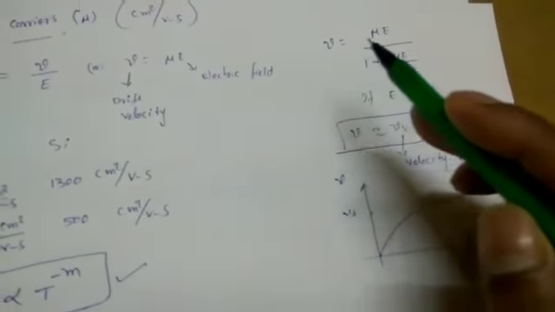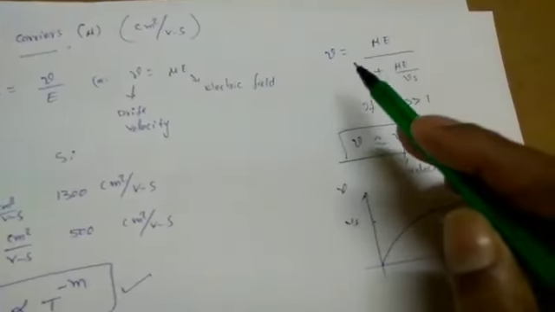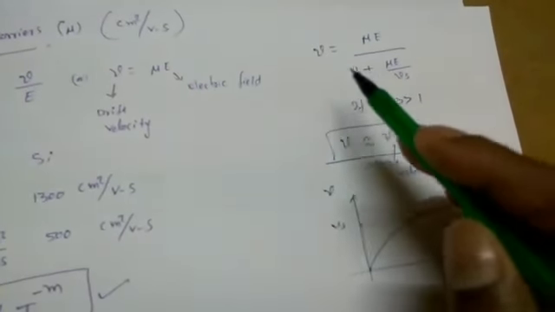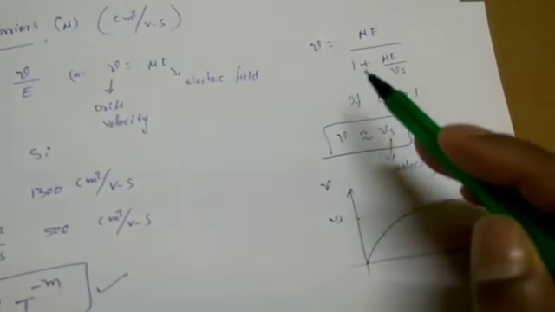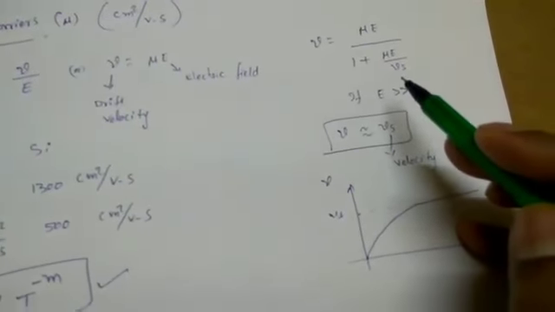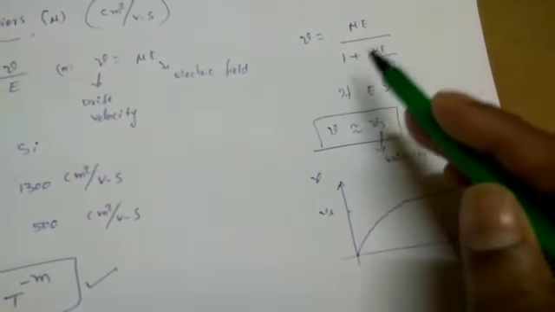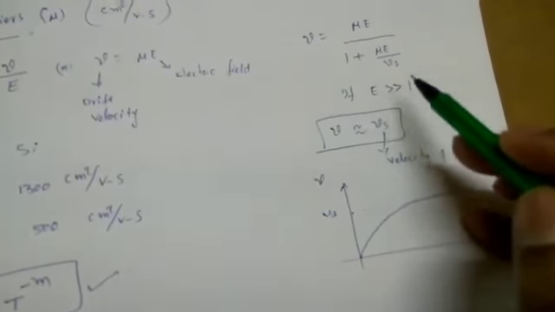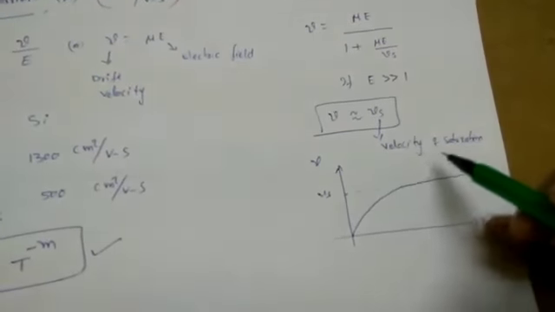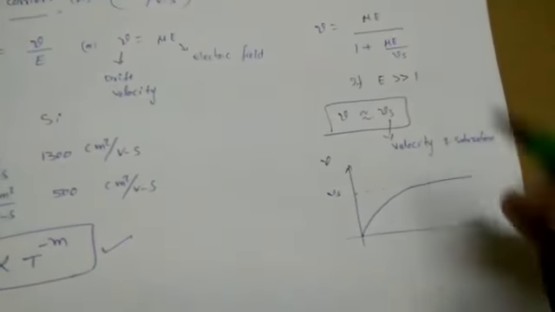Next one is drift velocity. What is its relationship with the electric field? For the ideal case V is equal to mu E, but in general V is equal to mu E by 1 plus mu E by Vs. For high electric fields, the 1 is neglected, so mu E cancels and it becomes Vs. This Vs is generally called the velocity of saturation.